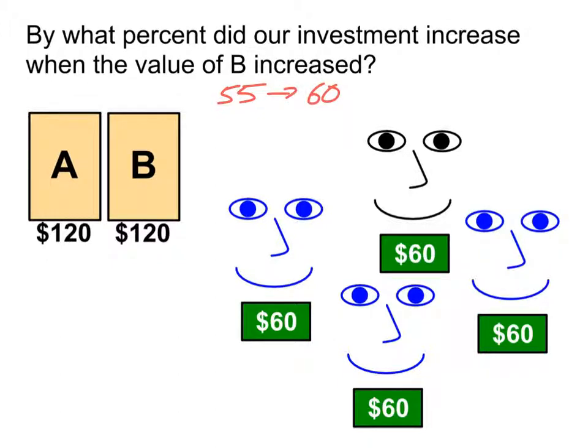We didn't go from 50 to 55. So we started with more. So really the question that we're being asked here is, 5, the amount that we gained, is what percent of 55?